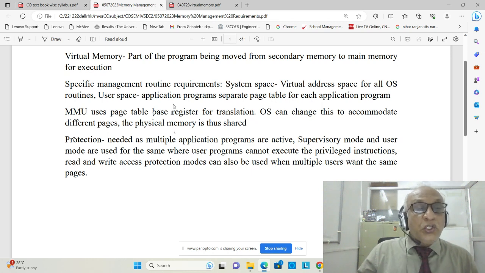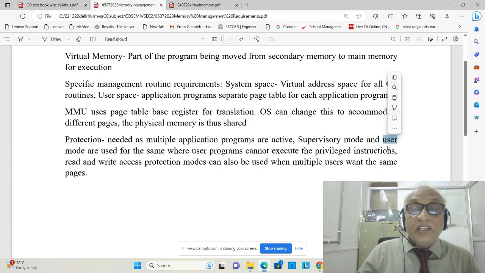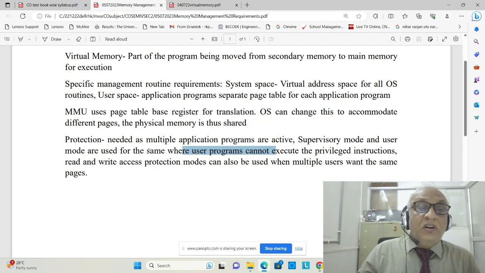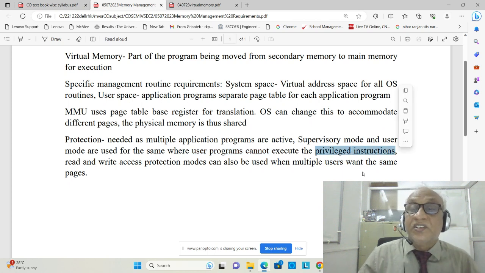To achieve protection and avoid all these conflicts, the CPU can be kept in a supervisory mode, having more power and more features, and the other unit for running the application programs can be kept in the user mode, where user programs will do the routine executions but will not be able to execute privileged instructions. Why not?